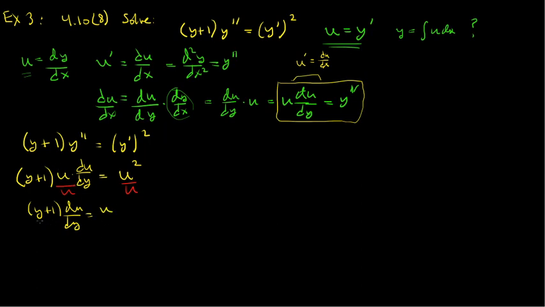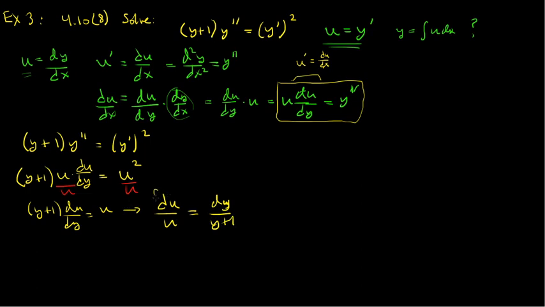And this now becomes separable. We can divide both sides by u, and we get du over u, and on the right side, we get dy over y plus 1. So perfectly separable.